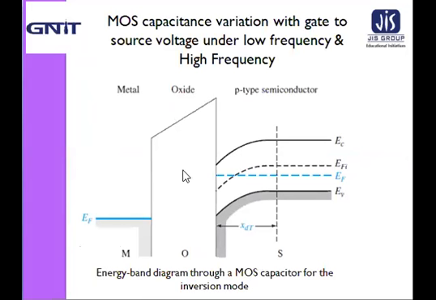Now there are two sources of electrons that can change the charge density of the inversion layer. The first source is the diffusion of minority carrier electrons from the P type of substrate across the space charge region, and this diffusion process is the same as that occurring in a reverse bias PN junction, which generates the ideal reverse saturation current.